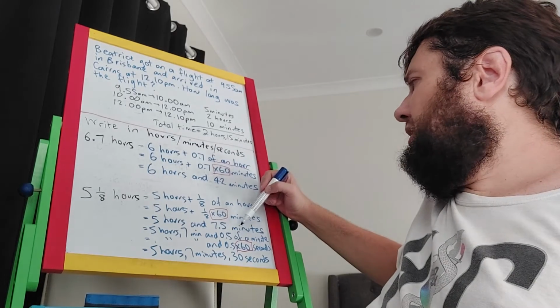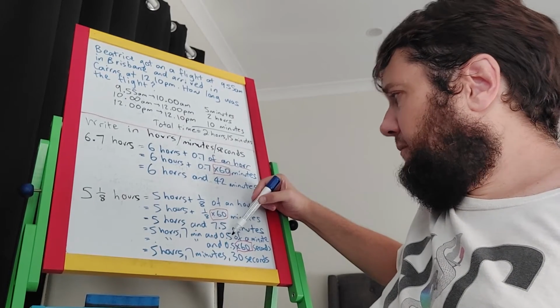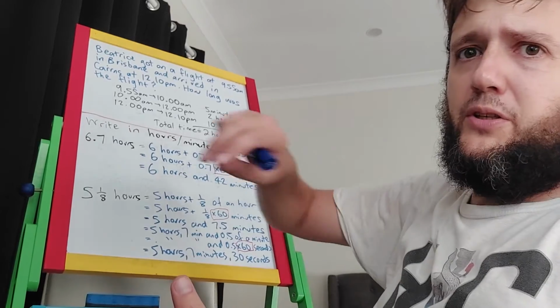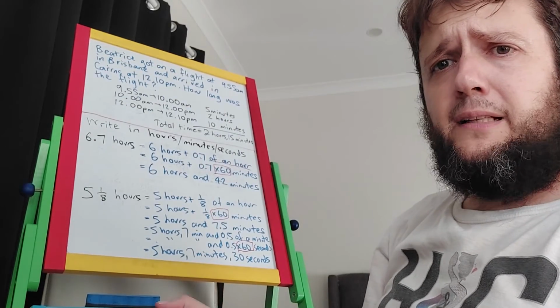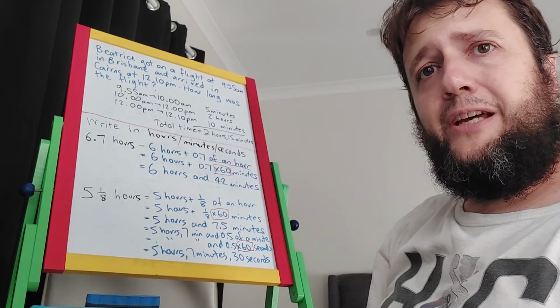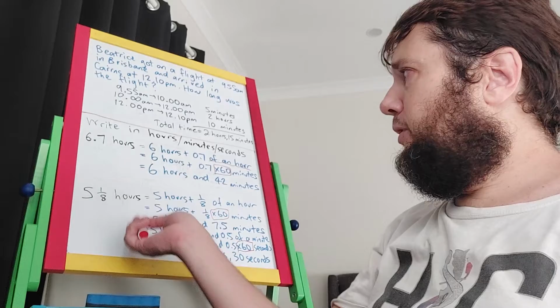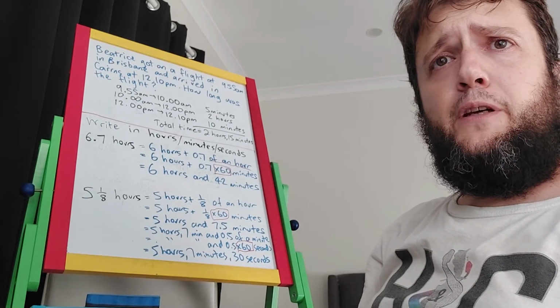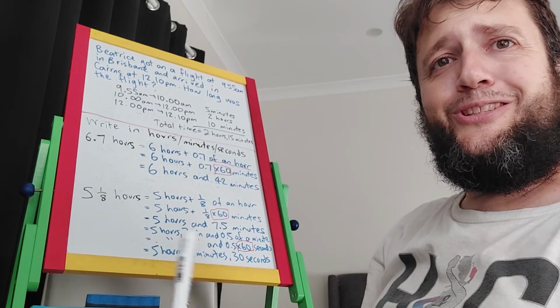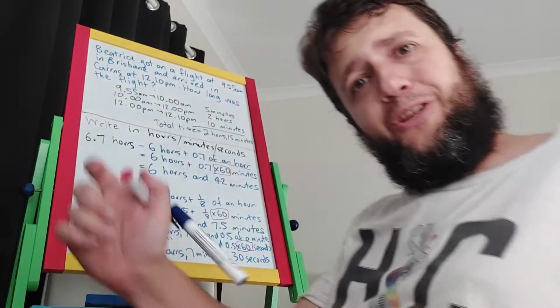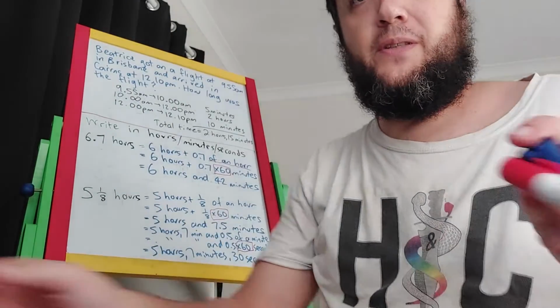I just wanted to show that, again, half of a minute would be a half times 60, giving you the 30 if you're stuck for exactly how many seconds there are in that one. So the text has some different examples for both of them if you happen to feel like enjoying that at any moment in time. And I'm just going to clean the board and we'll do a couple more questions.